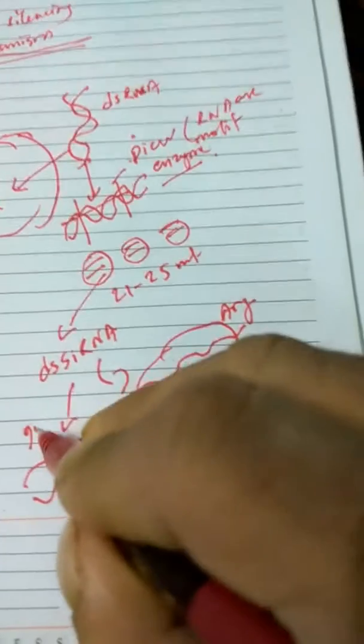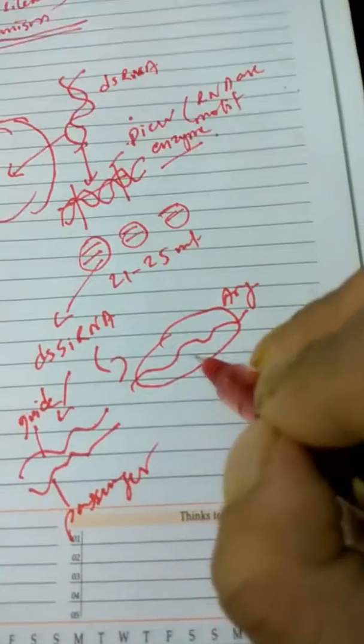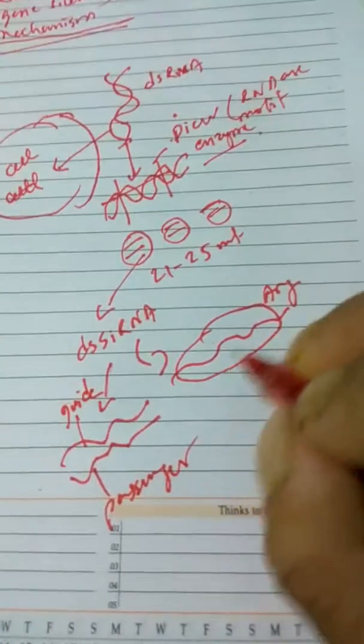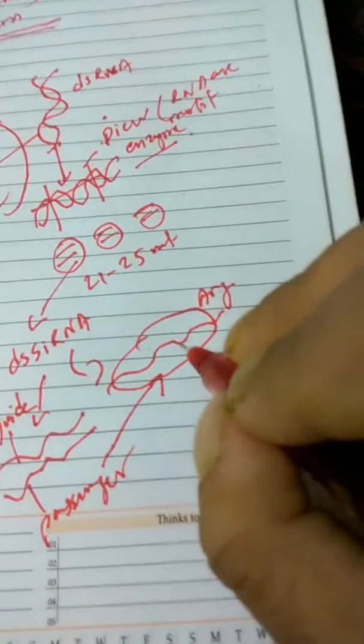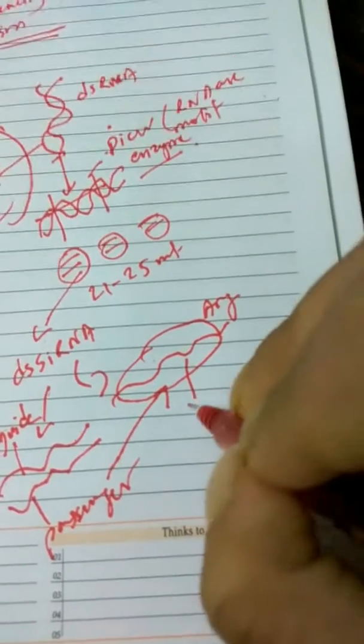This double-stranded siRNA has two strands: one is the guide strand, another is the passenger strand. After the double-stranded siRNA incorporates with the Argonaute protein, the passenger strand just cleaves off, and now the Argonaute protein has just the guide strand.